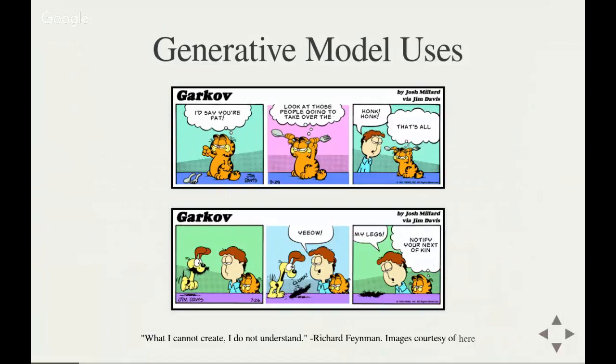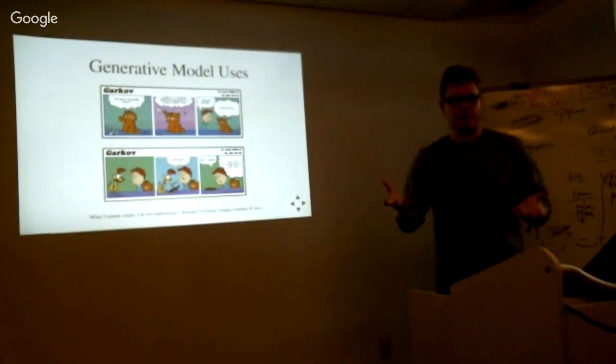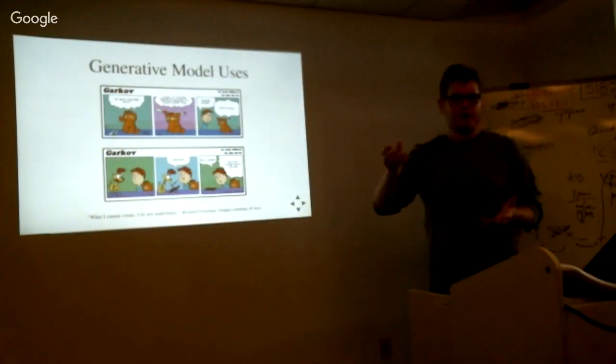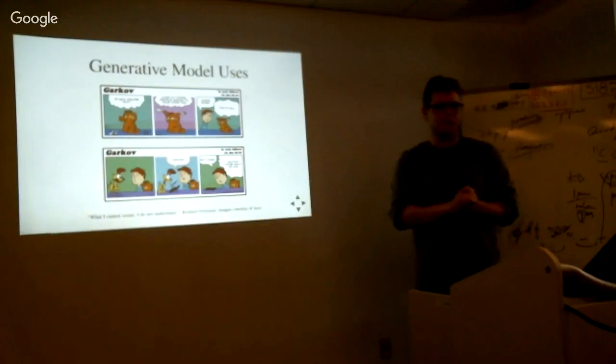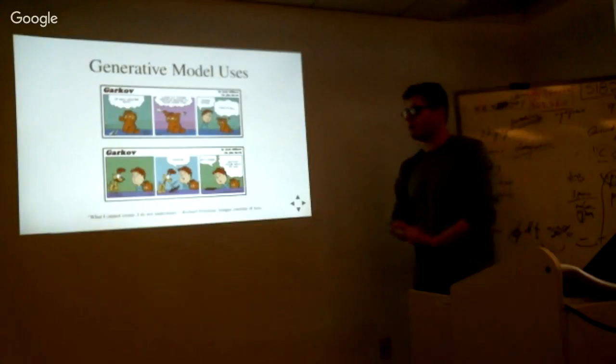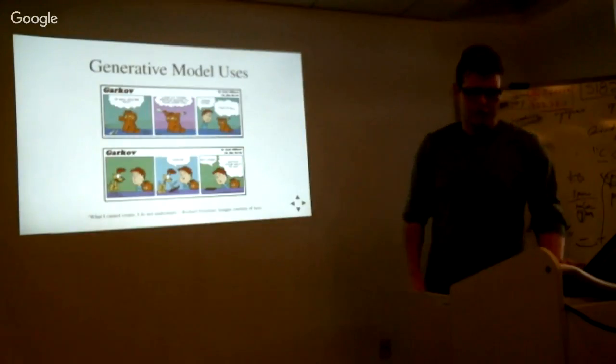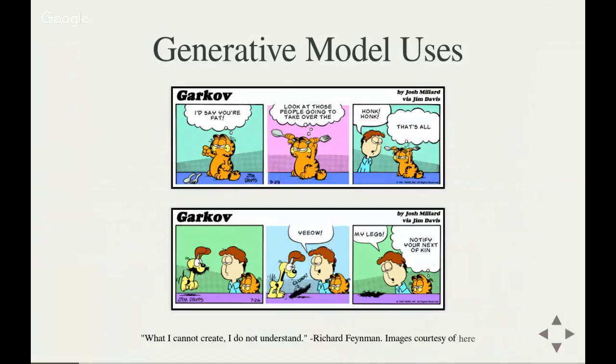So this lines up with the idea that if I can generate something, if I can create text for a Garfield comic, or if I can create an image of a cat that I haven't seen before, then it indicates that I have at least some understanding of what a Garfield comic strip is supposed to look like, or what a cat is supposed to look like. I've learned an internal representation of these concepts that is meaningful and useful enough that I can generate something new that I haven't seen before, but which is still kind of similar.